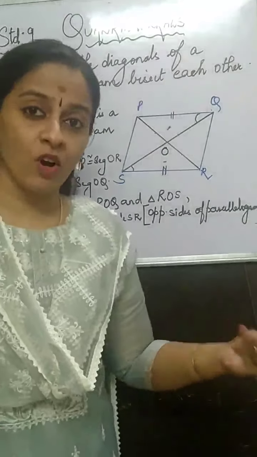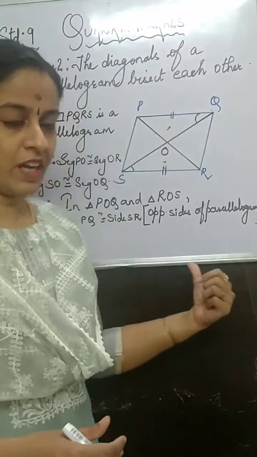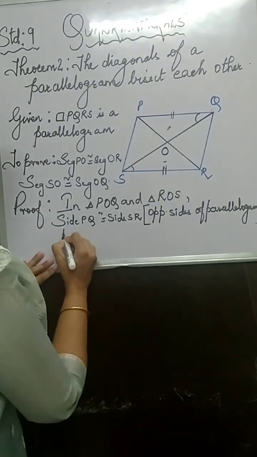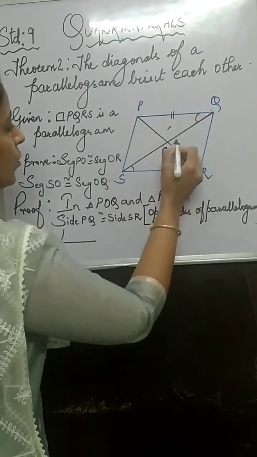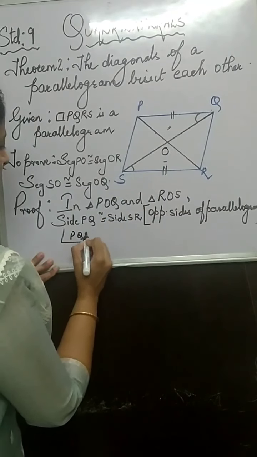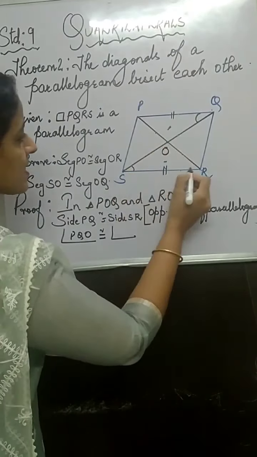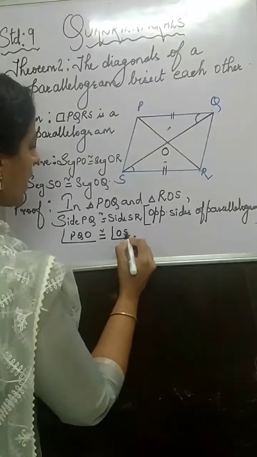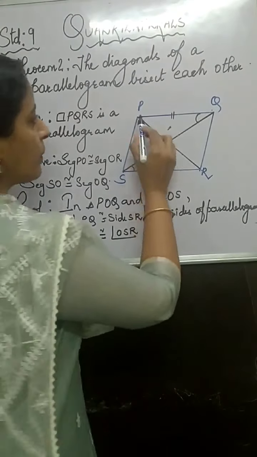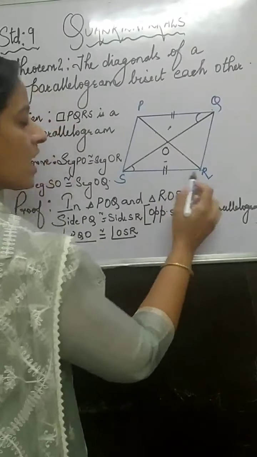For parallel lines, alternate angles are congruent. Okay, so let us write it: angle PQO is congruent to angle OSR.